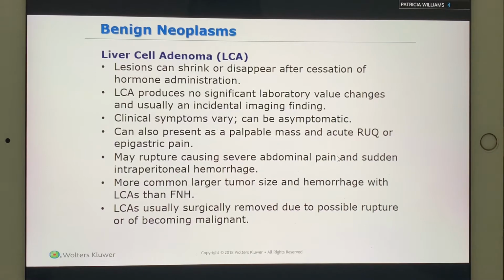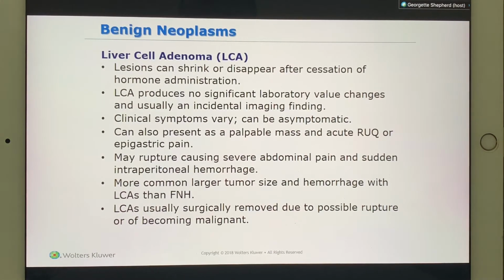Lesions can shrink or disappear after hormones. And now remember, it is mostly in women that are on birth control pills. So if they stop their birth control pills, then the lesion can shrink or disappear. It's usually going to be an incidental finding because the patient is usually going to be asymptomatic, but it can be palpable.